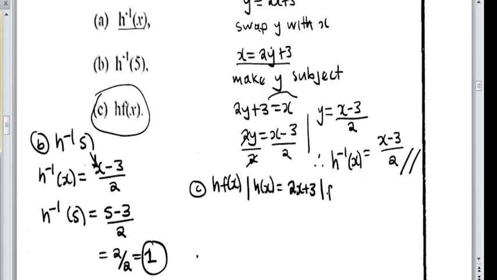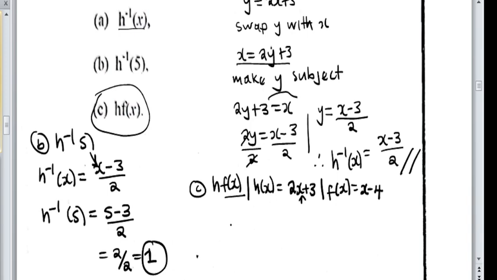Then our f of x is, they gave us x minus 4. So now, in order for me to find h of f of x, I'll get the h of x. Then where there is x here, I'm going to replace with f of x. So this is what I'm going to do.